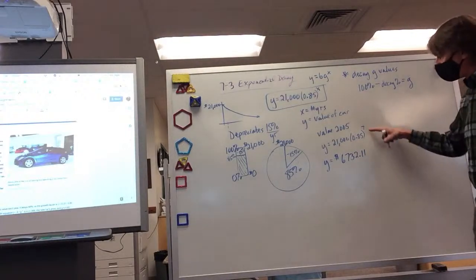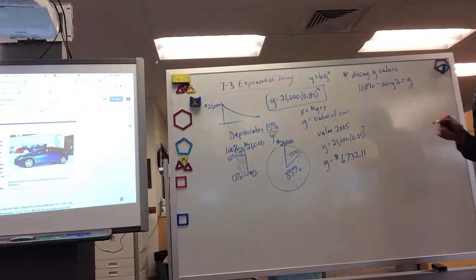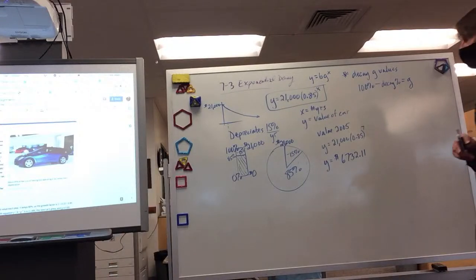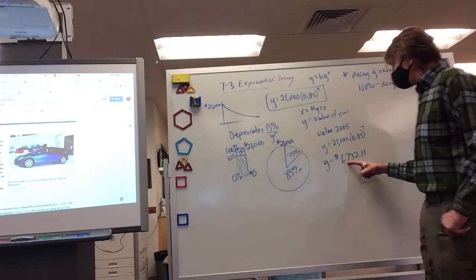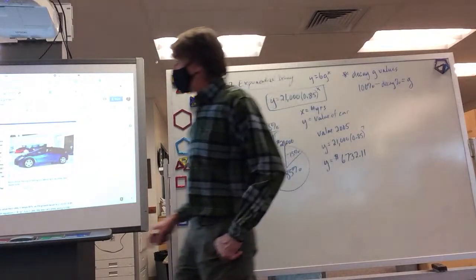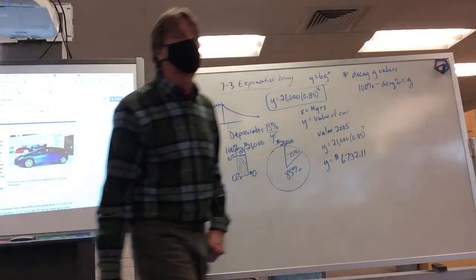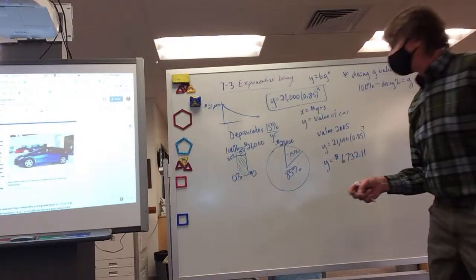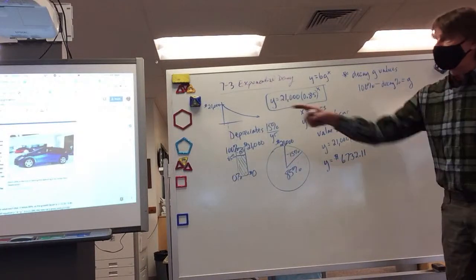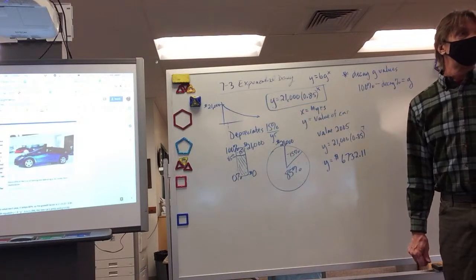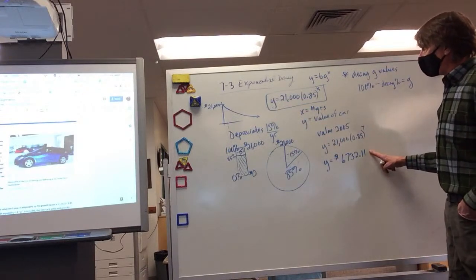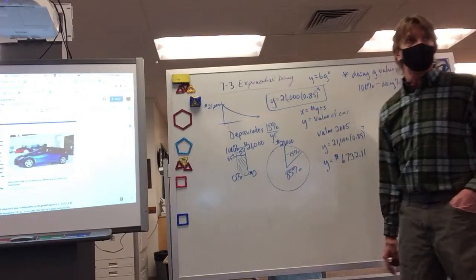Did it depreciate more or less? According to the equation, it should have been worth this much. They're saying the real data showed it was worth $7,050. Which was more, the depreciation that was predicted, or what actually happened? The prediction was more. So it probably didn't depreciate at quite 15%, something different.